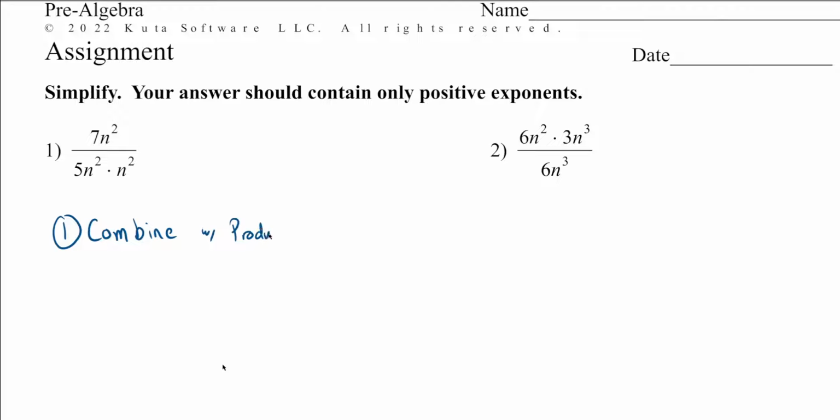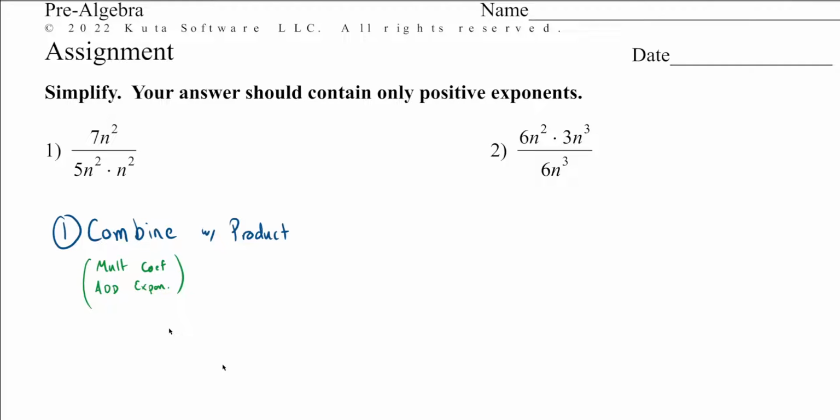And if you want a little refresher on the product property, that's where we multiply the coefficients and add the powers, or rather add the exponents. That's the product property.